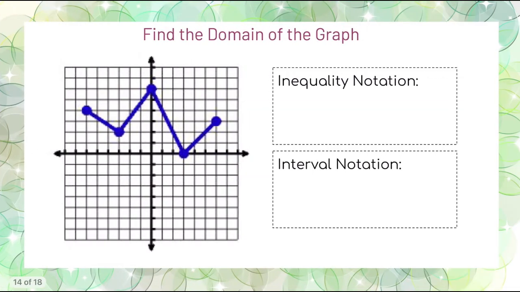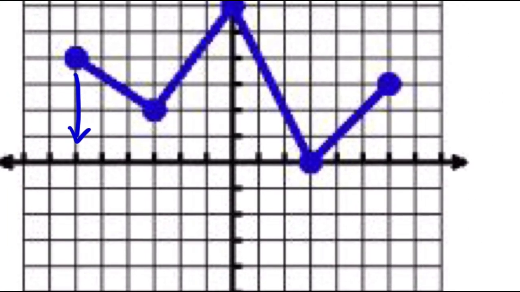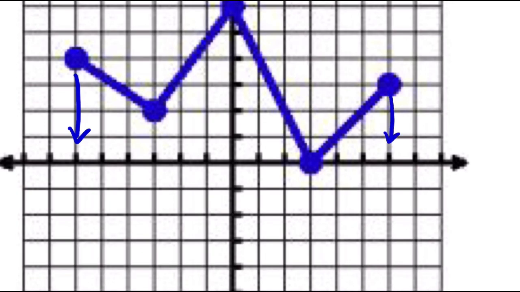Okay, let's try another one. I'm going to do inequality notation and then interval notation. So I am looking for a start and a stop. Okay, here's my graph. I'll zoom in. What is the starting value and what is the stopping value?